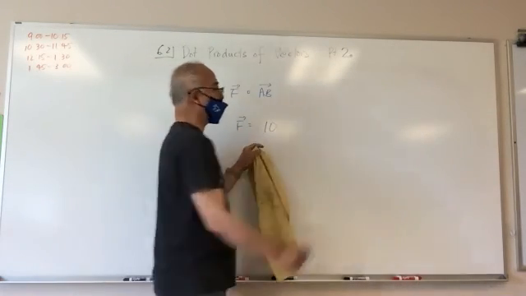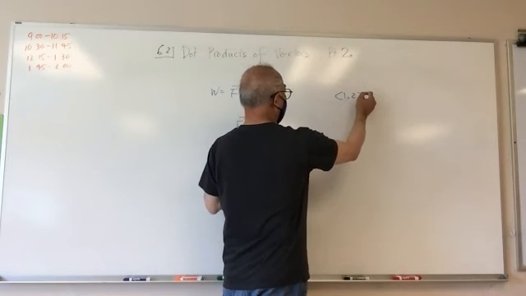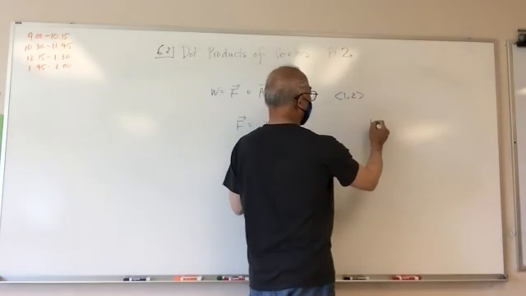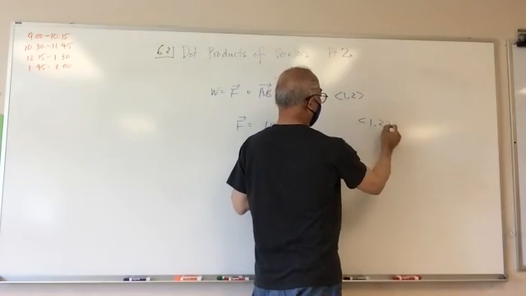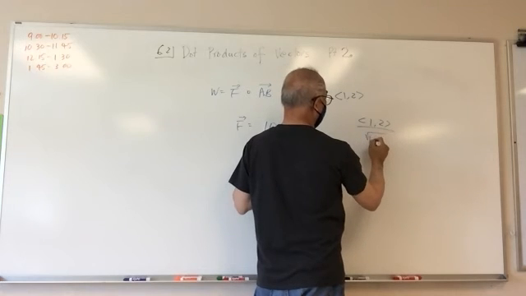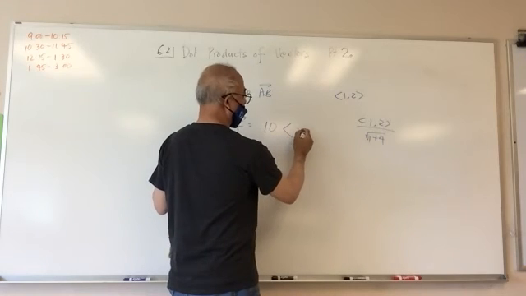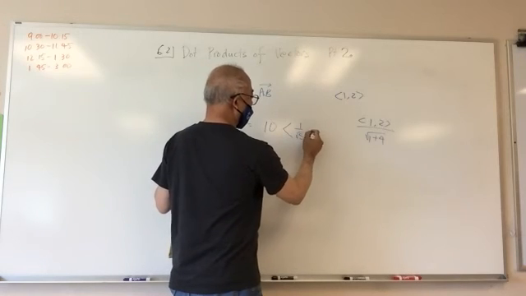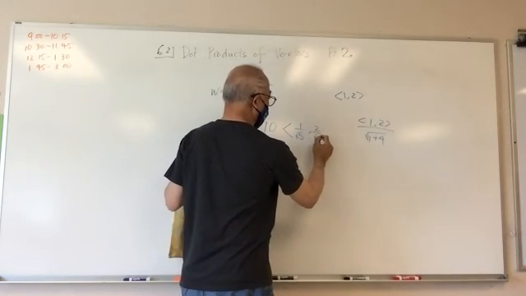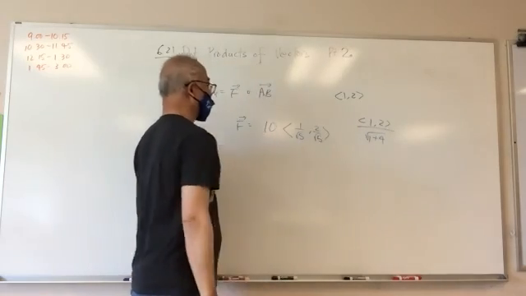So I need the unit vector of 1 and 2. The unit vector of 1 and 2 is 1 and 2 divided by square root of 1 squared plus 2 squared. Right? So it's going to be 1 over square root of 5, 2 over square root of 5. So that's my force vector.